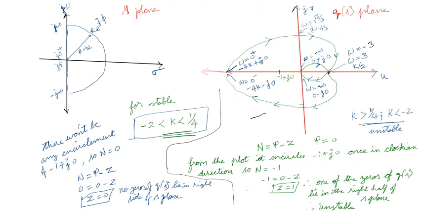So look what I am doing here. At omega equal to minus infinite, the point is 0 plus j0.